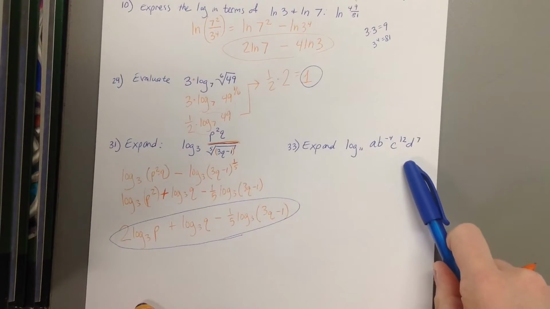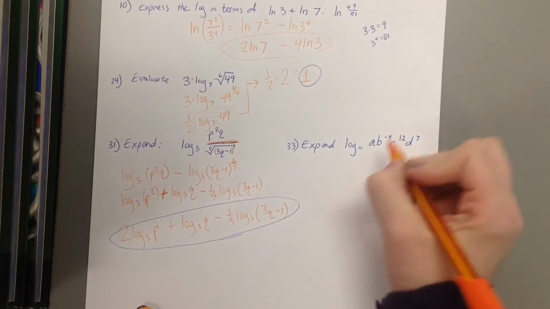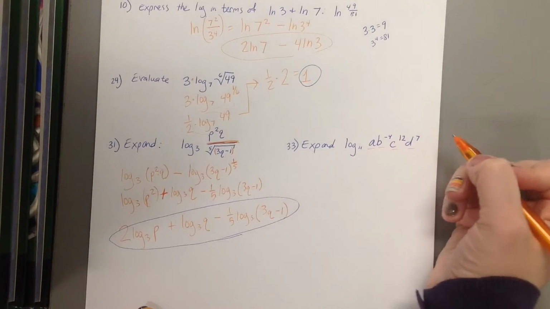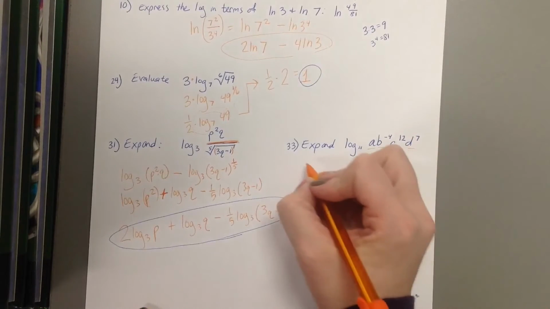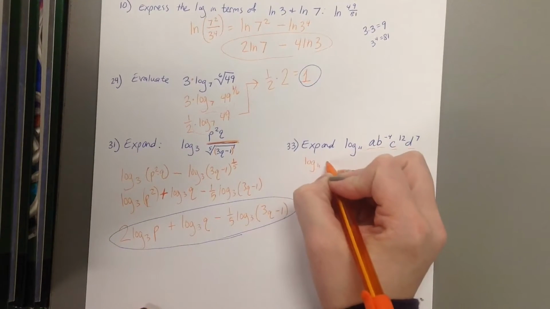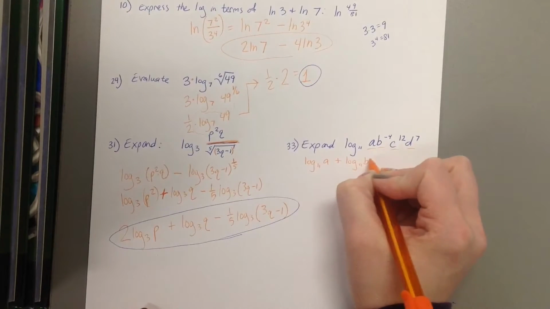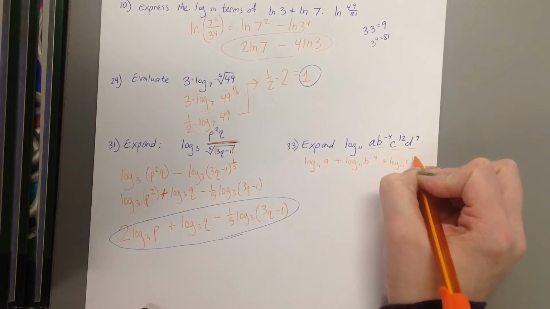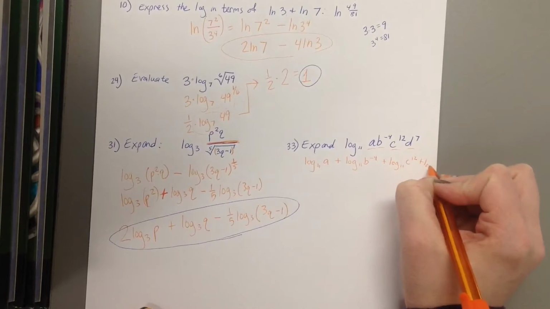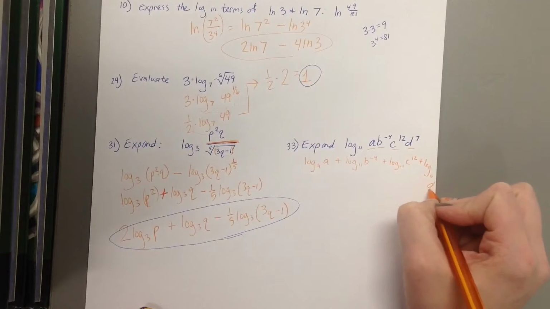This one is going to be pretty straightforward as well. I am multiplying everything. I see that I am multiplying the a and the b and the c and the d. They all have exponents except the a. That's okay. So what I'm going to have here is log base 11 of a plus log base 11 of b to the -4th plus log base 11 of c to the 12th plus log, running out of space on the paper, log base 11 of d to the 7th power.